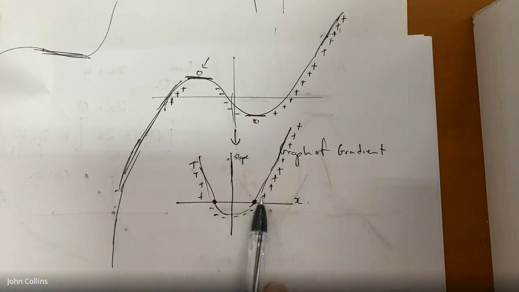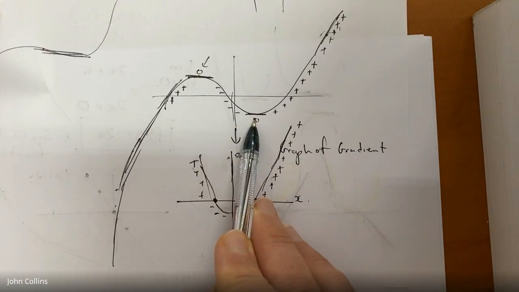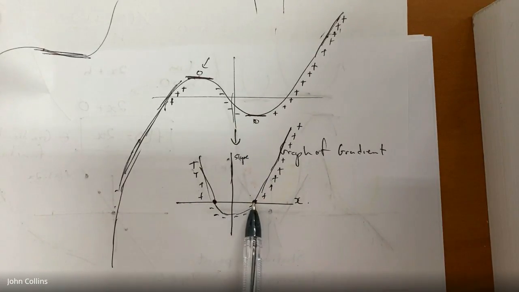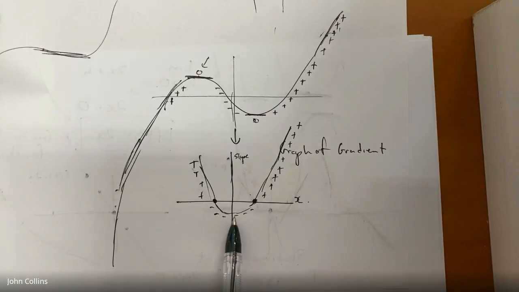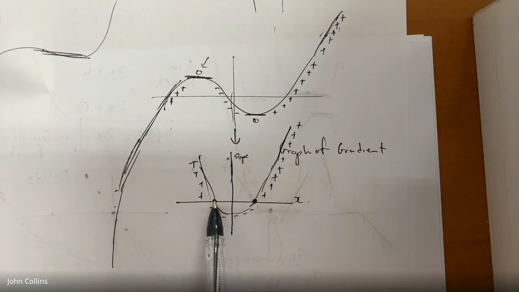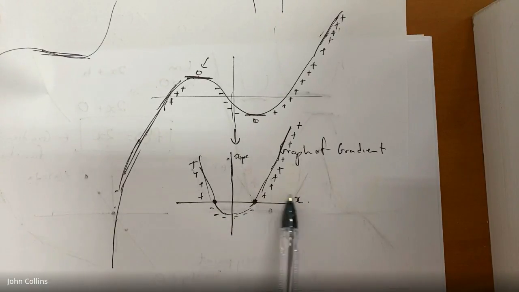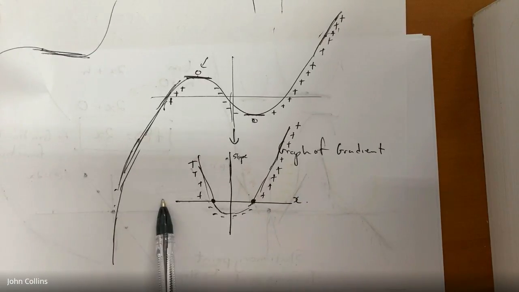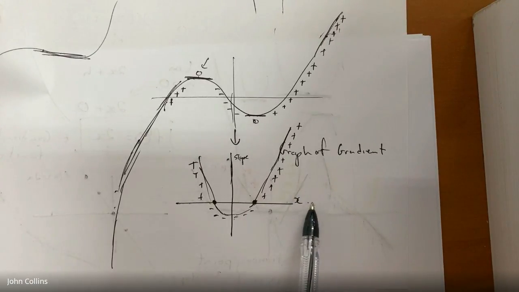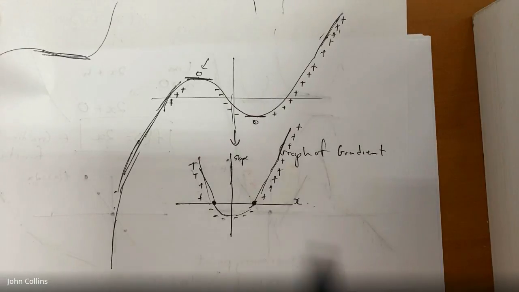If I solved it, I would get these 2 turning points. And if I put in any points between those 2 turning points, I'll get a negative slope. And if I put in any points after those 2 turning points, either direction, before or after, I would get positive slopes. That's what I hope.